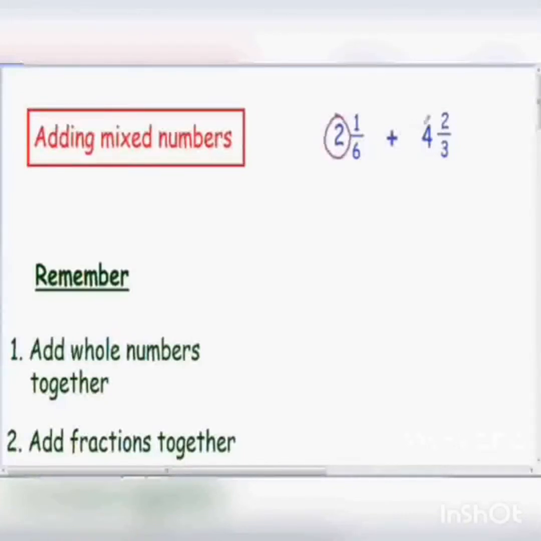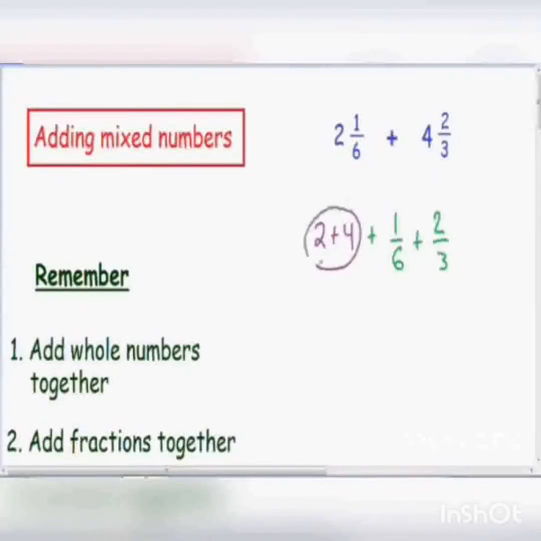The 2 and the 4 are added first, so we have 2 plus 4. Then after that, we try to add the proper fractions. You have the 1 over 6 plus the 2 over 3.